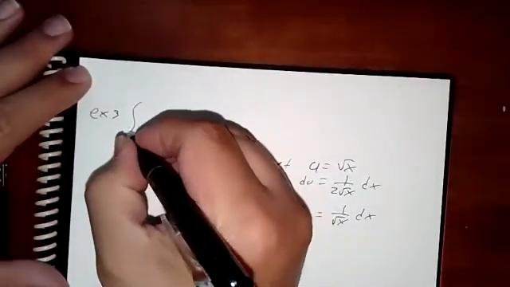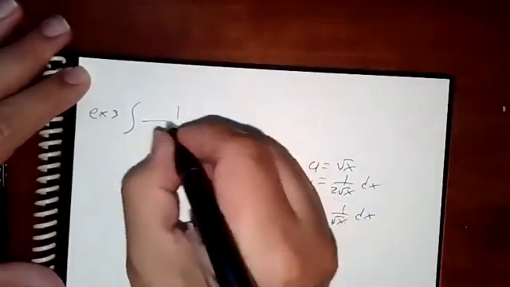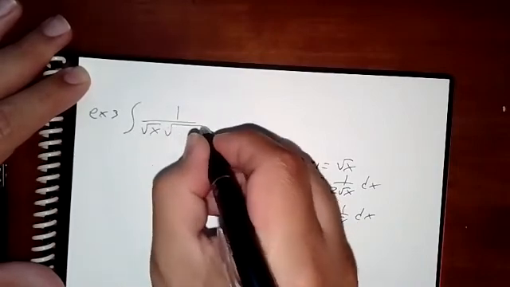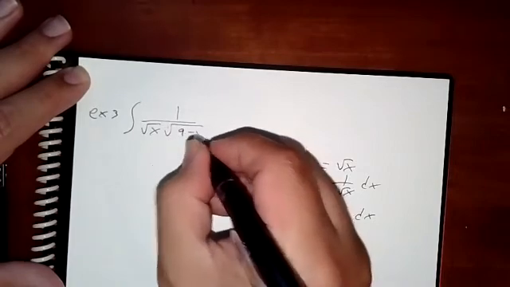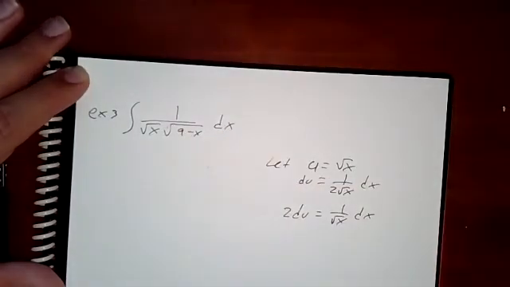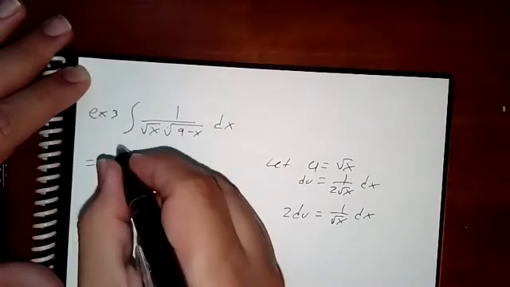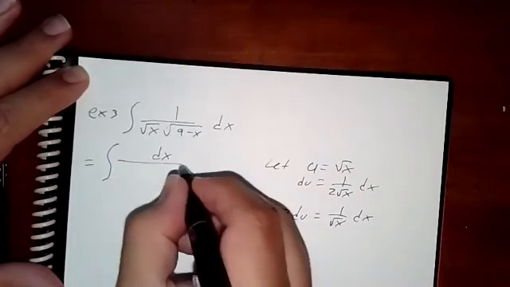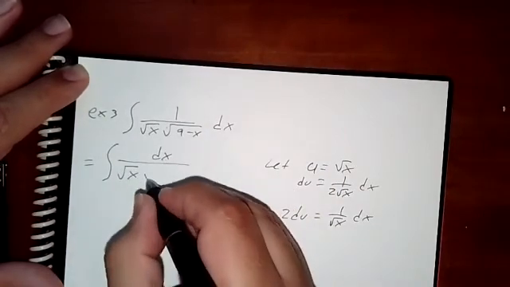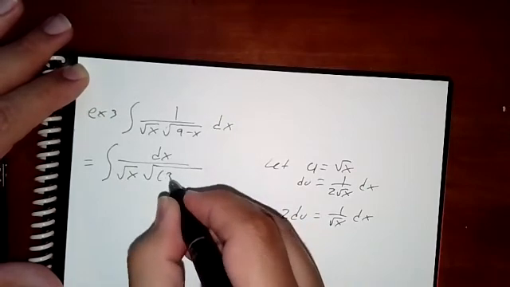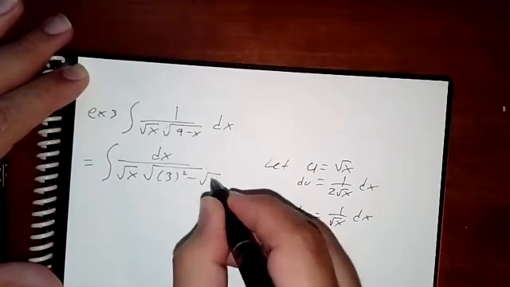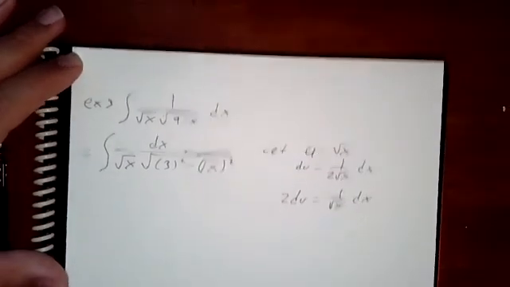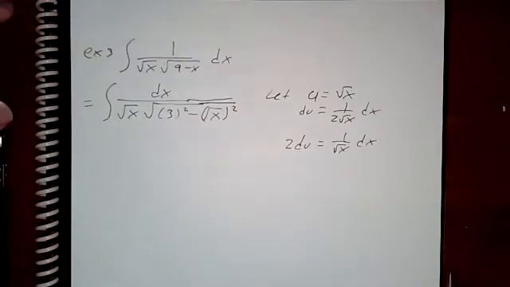The question was the integral of 1 over square root x times the square root of 9 minus x dx, right? Then we rewrote it as dx over square root x times the square root of 3 squared minus root x squared. Okay, so now we're doing the substitution.